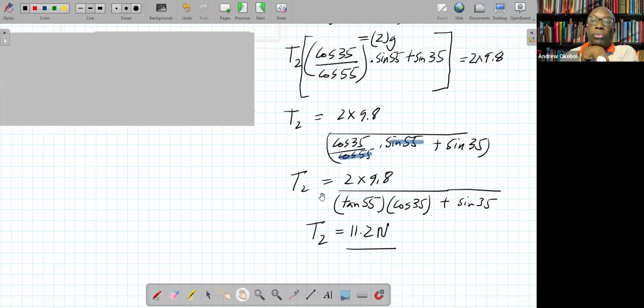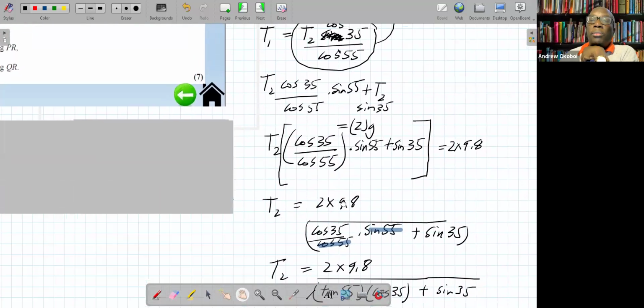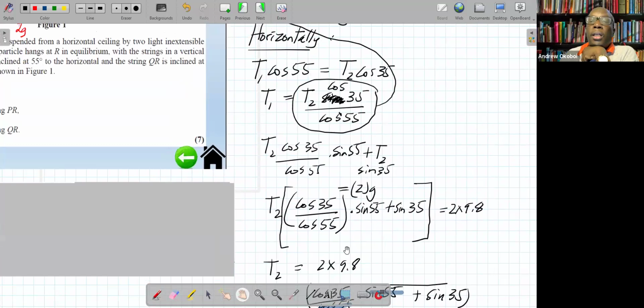Okay, once you have T2, of course, getting T1 is not difficult because you already have a formula with T1 as the subject. So I'm going to go back in here. I'll just change the color so it's obvious. So here we're going to have 11.2, which is T2, times the cosine of 35, all divided by the cosine of 55.